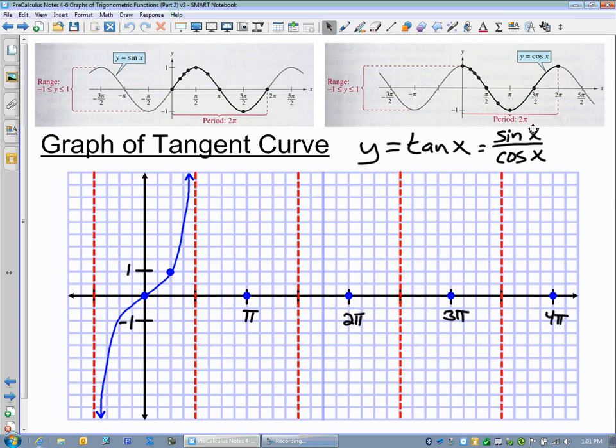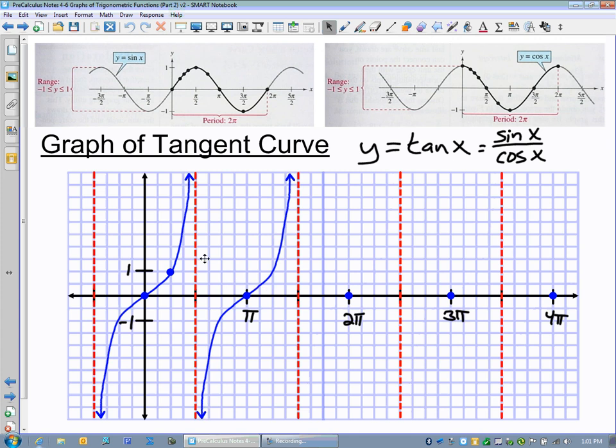So that would be a positive over a negative, which is going to be a negative. And in quadrant 3, we have both of them being negative, so a negative over negative is positive. Or you can even look at the graphs for that. Quadrant 3 would be between pi and 3 pi over 2, so you see sine is negative and cosine is negative. So negative over negative is a positive.